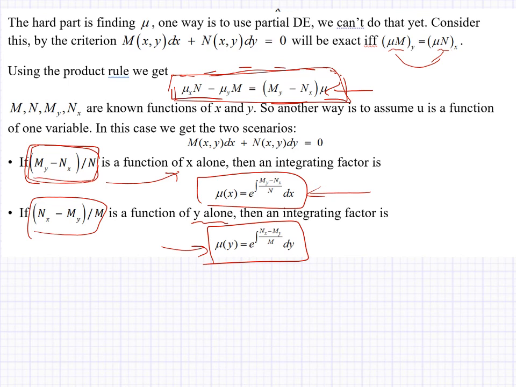And so if these things happen, then we should be able to find an integrating factor, either mu of x or mu of y. But once we have that mu, we can multiply by that integrating factor, and we could solve the differential equation using the exact differential methods.